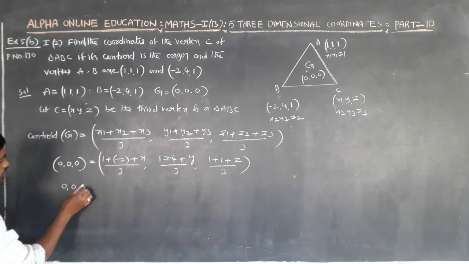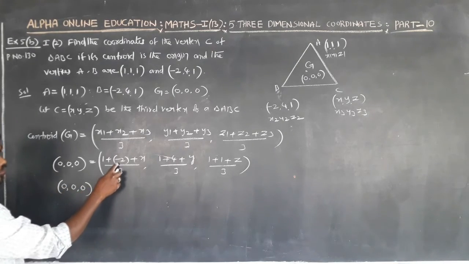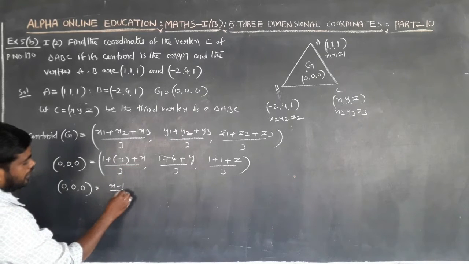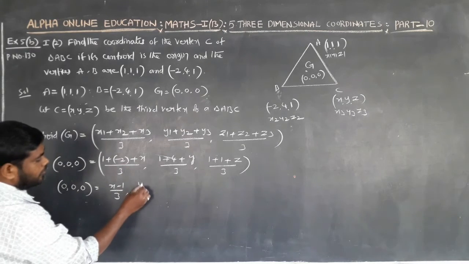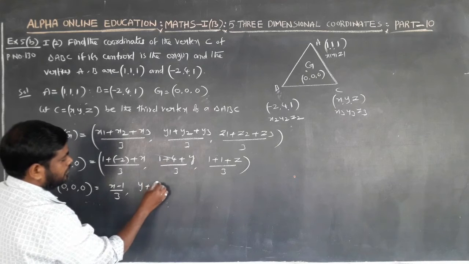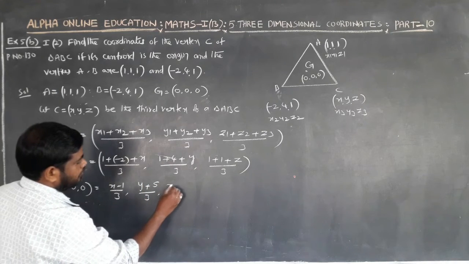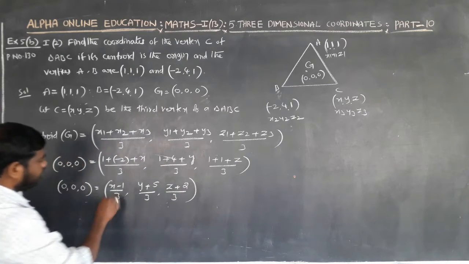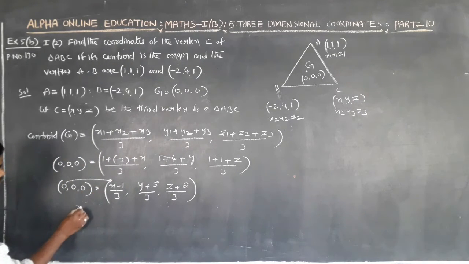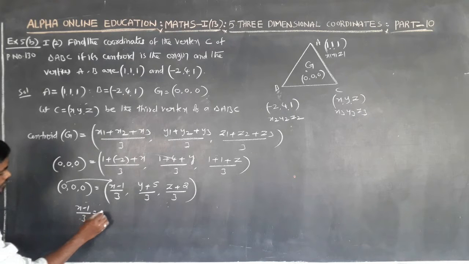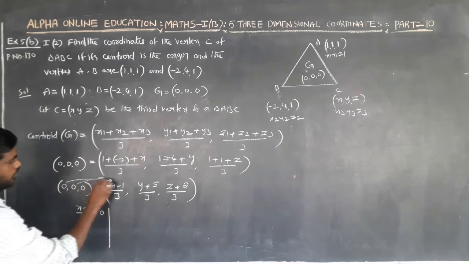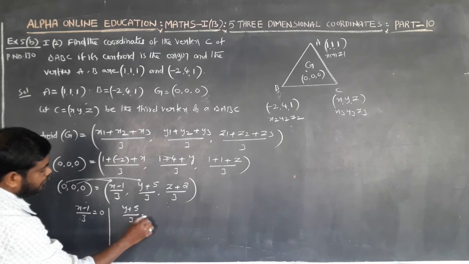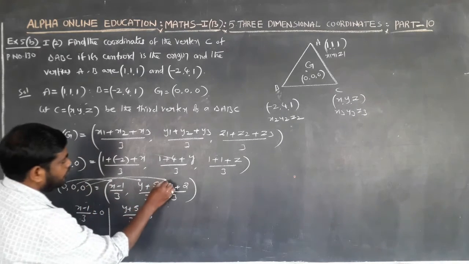0 comma 0 comma 0 is equal to minus 2 plus 1, minus 1, so x minus 1 by 3, y plus 4 plus 1, 5 by 3, z plus 1 plus 1, 2 by 3. Equating x coordinates, x minus 1 by 3 is equal to 0. Equating y coordinates, y plus 5 by 3 is equal to 0.